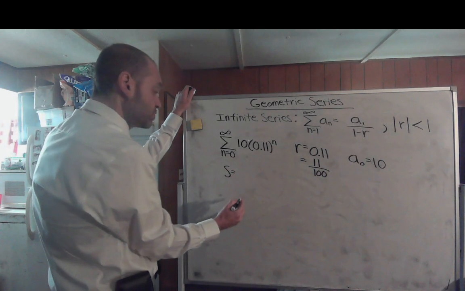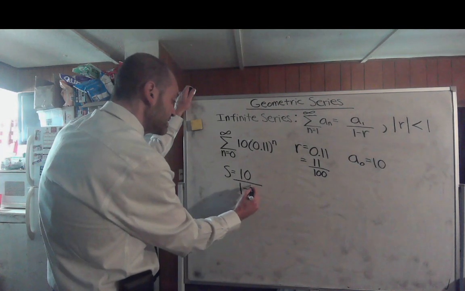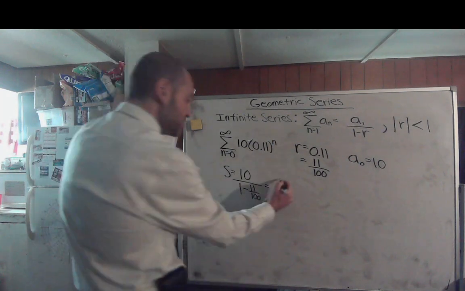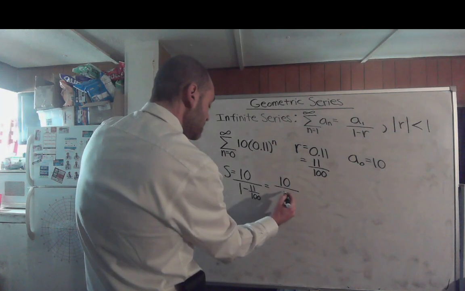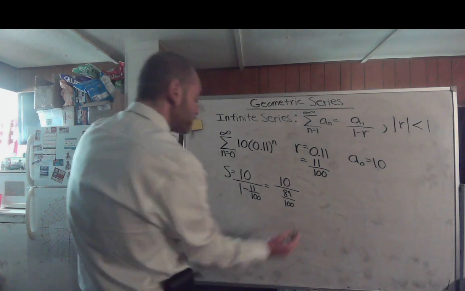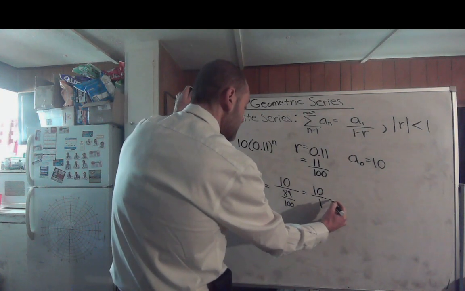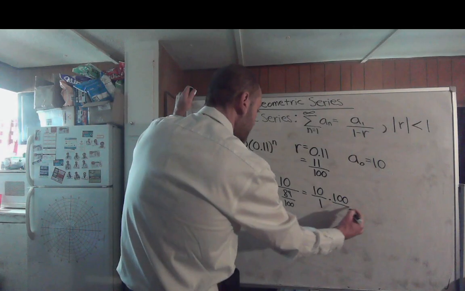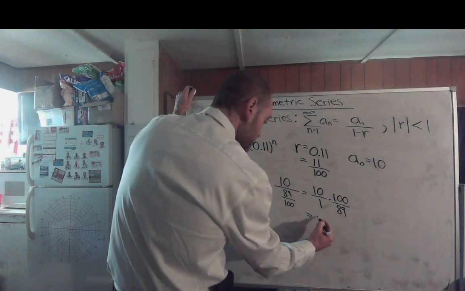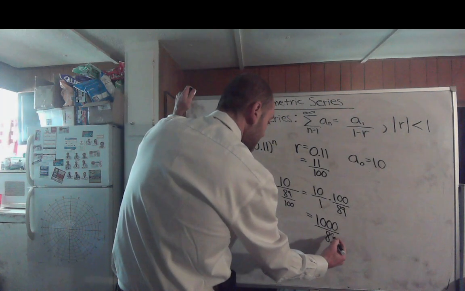So the sum is going to be that 10 all over 1 minus 11/100ths, which is going to equal 10 all over 89/100ths, which would give you 10 over 1 times 100 over 89, which means the sum of this series is going to converge to 1000 over 89.